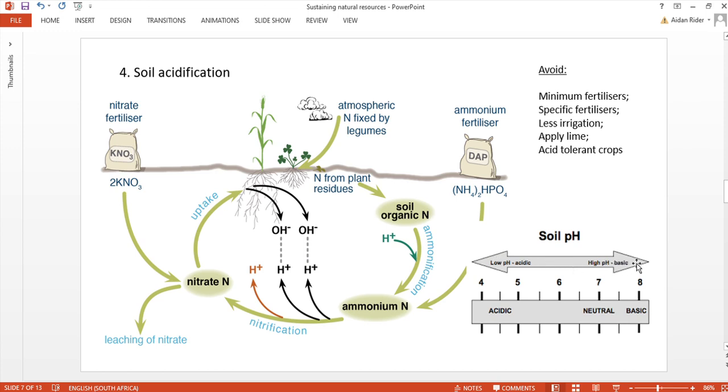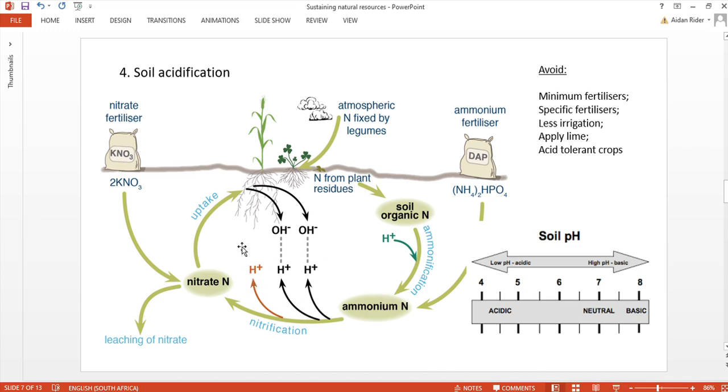Okay, so if you use too much nitrate fertilizer, or another type of fertilizer, ammonium fertilizer, if too much ammonia or too many nitrates go into the soil, more hydrogen is being put into the soil. As this fertilizer is being broken down by bacteria and so on, more hydrogen is being released into the soil.